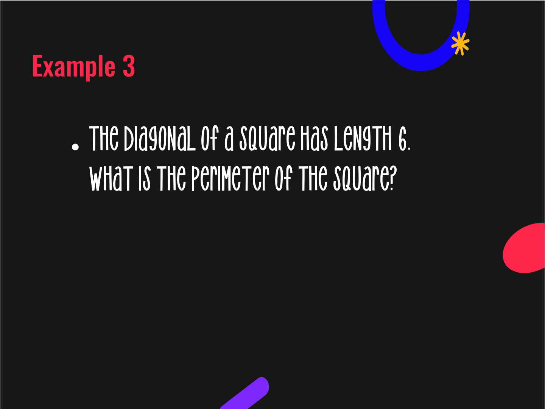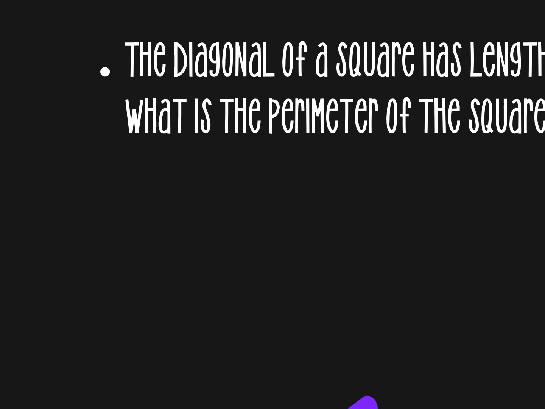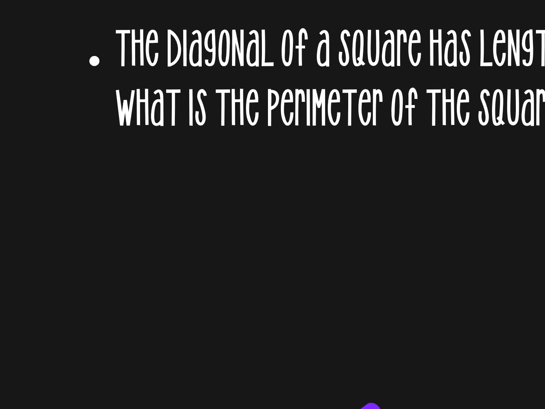All right, looking at example number 3, it says the diagonal of a square has a length of 6. What is the perimeter of the square? So looking at this question, I'm going to go ahead and draw my square. So here's my square, a little wonky.